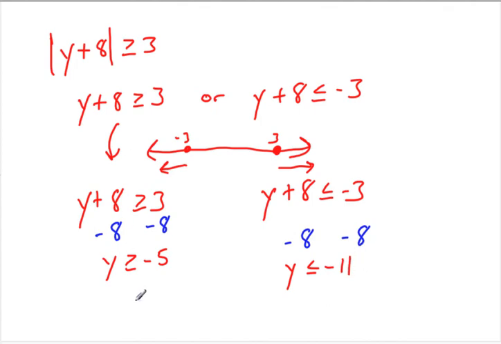And we graph that on the same number line, because it's all part of the same inequality. So we have negative 5 somewhere, and negative 11, and we need greater than or equal to negative 5, that's this way, and less than or equal to negative 11, that is this way.